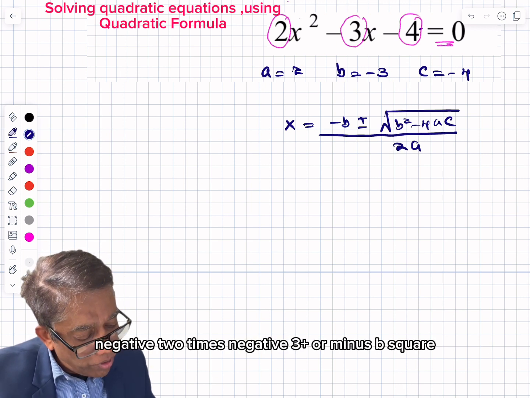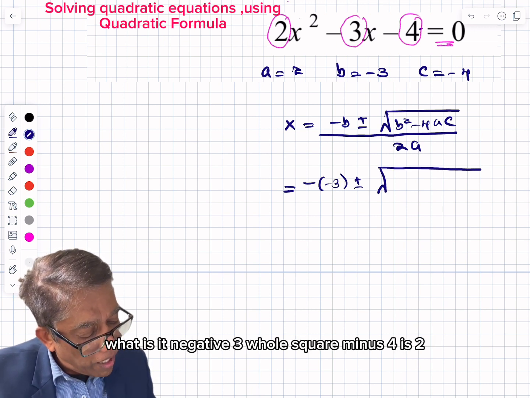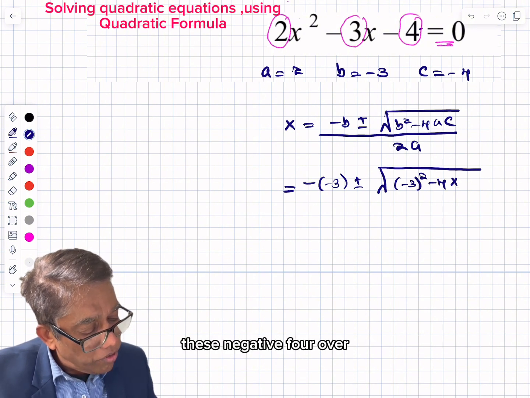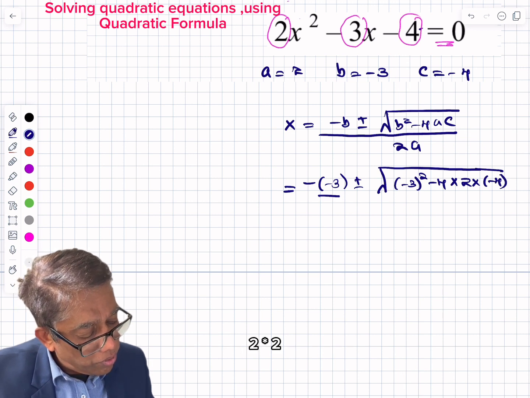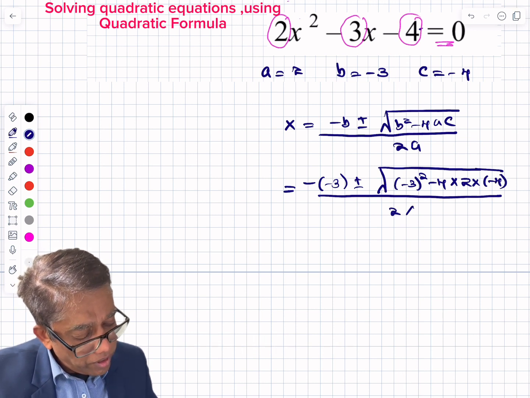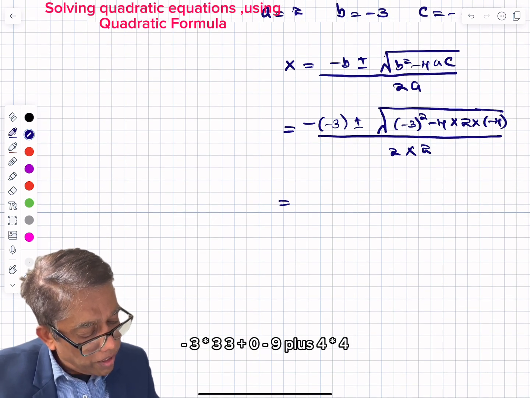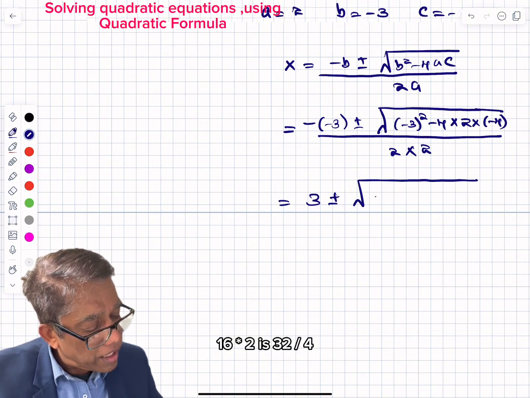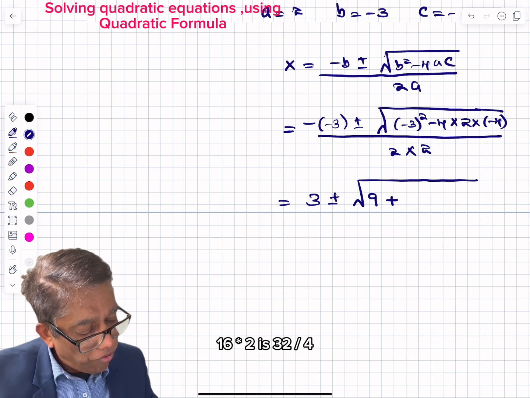Negative times negative 3, plus or minus the square root of (-3)² - 4 times 2 times -4, over 2 times 2. That gives 3 plus or minus the square root of 9 + 4 times 4, 16, times 2 is 32, divided by 4.